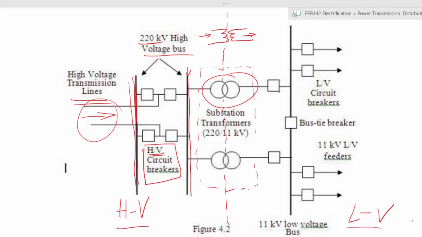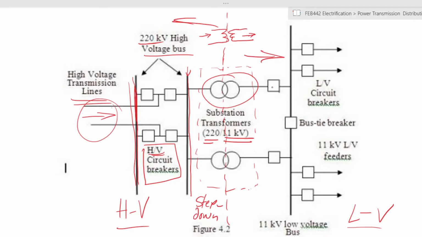Whether it is 220 to 11 kV or whether it is 11 kV to 415, there's always a high voltage and a low voltage. In the case of the substations in distribution systems, these are step-down transformers. So the high voltage will be the input, in this case 220, and the low voltage will be your output, in this case 11 kV.